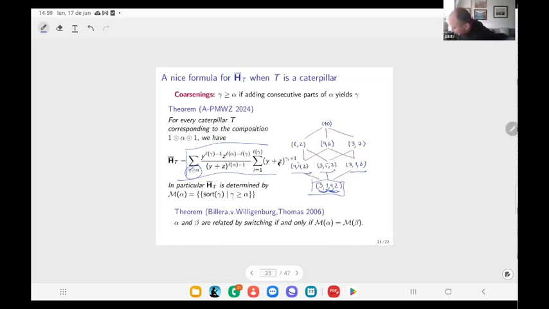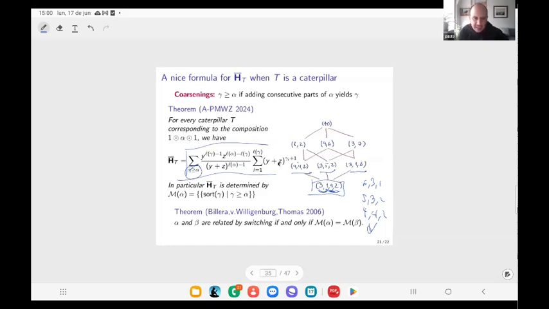So for instance, here I get 631, 532, 442, and so on. So I get the partitions of these coordinates, and this multiset of partitions induced by the coordinates of my alpha actually determines my polynomial.